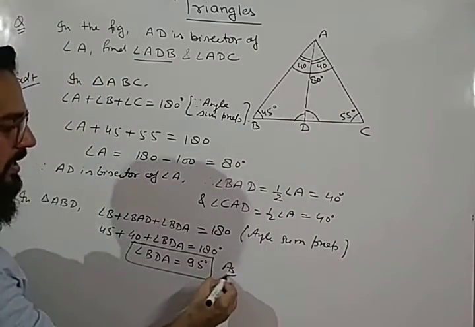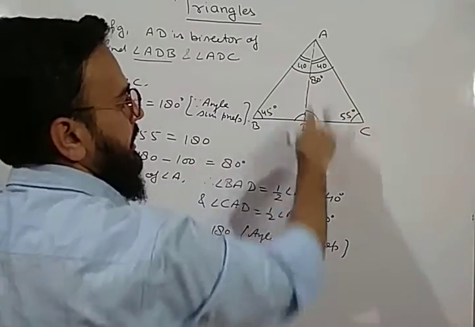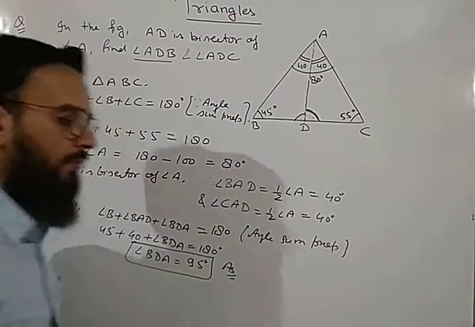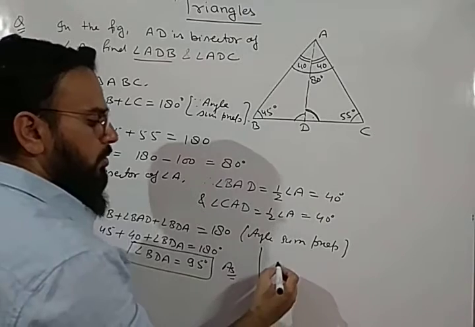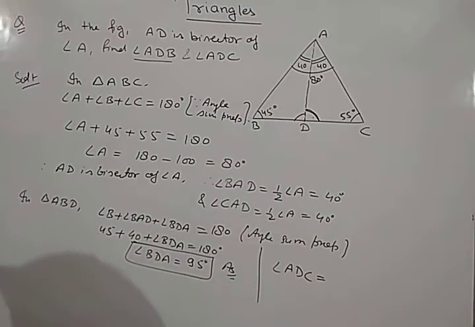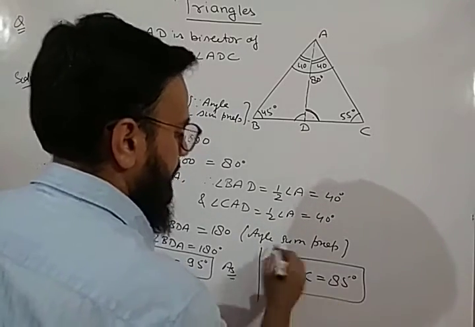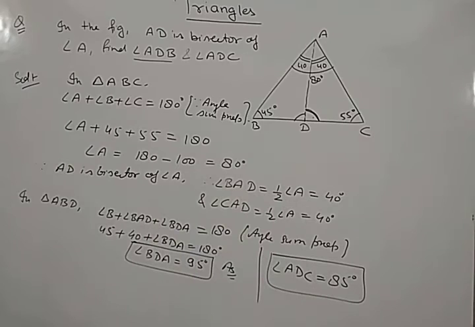So this is our first answer. Similarly, if you apply the angle sum property in triangle ADC, then you can get the value of angle ADC. You will find it out yourself. I am just writing the answer. Angle ADC will come out to be 85 degree. You will calculate it yourself. So this is a very simple question, note it down.